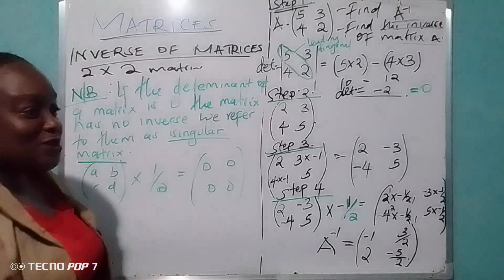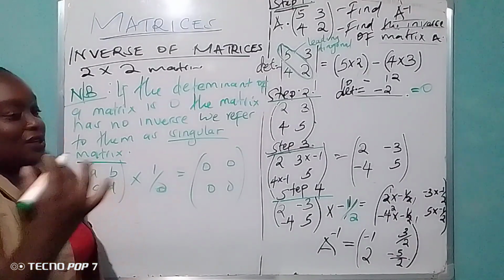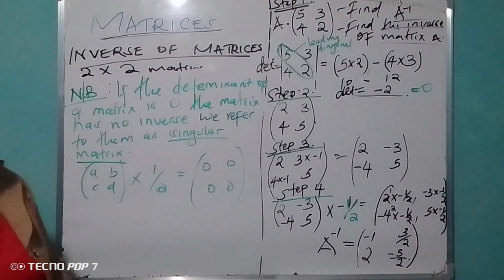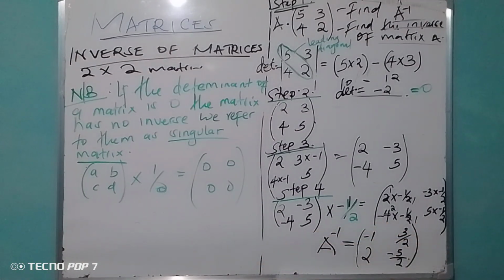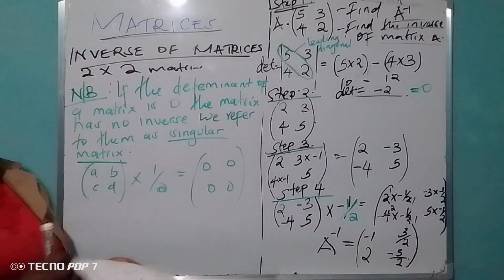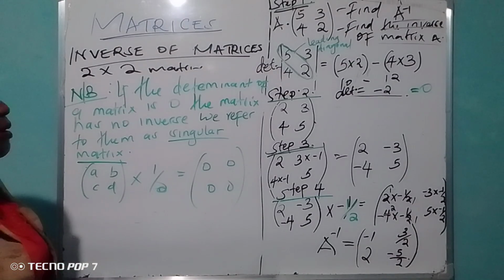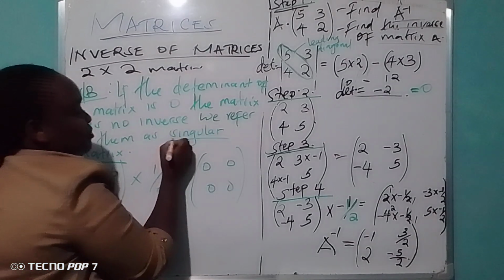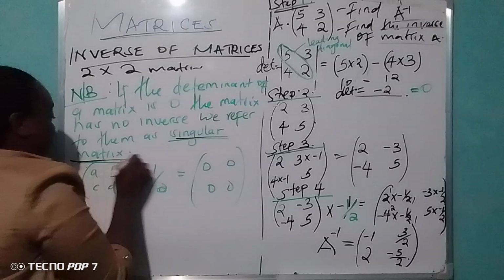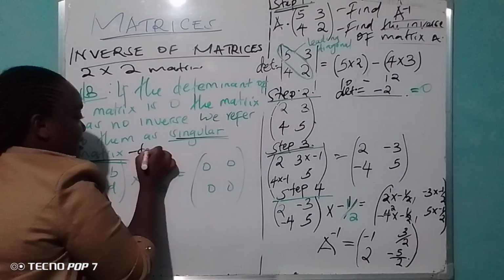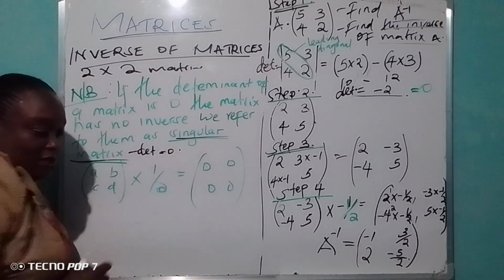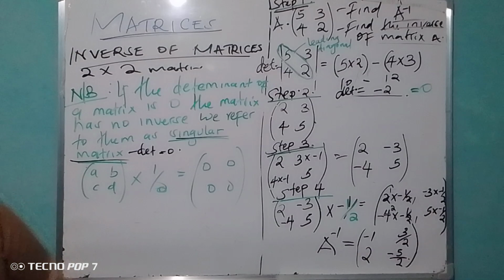A singular matrix, its determinant is 0. That is correct, because we will use it somewhere. So we have learnt about getting the inverse and about singular matrix. Determinant is 0.